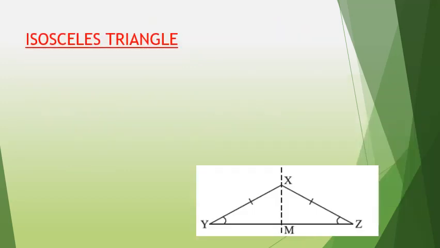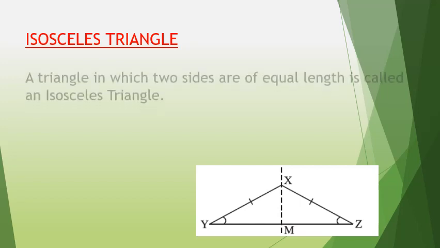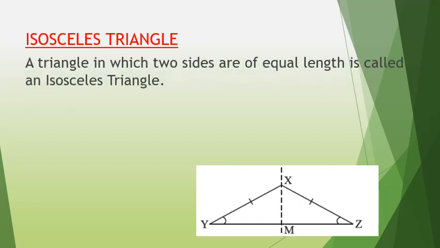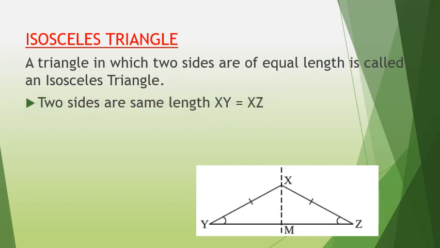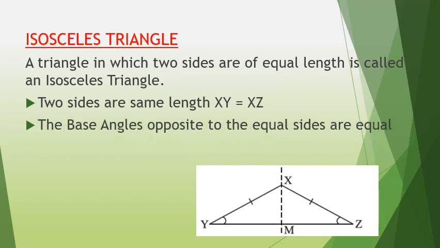Next, we can see about isosceles triangle. A triangle in which two sides are of equal length is called an isosceles triangle. Two sides are the same length. The angles opposite to the equal sides are of equal measure, or the base angles opposite to the equal sides are equal in measure.